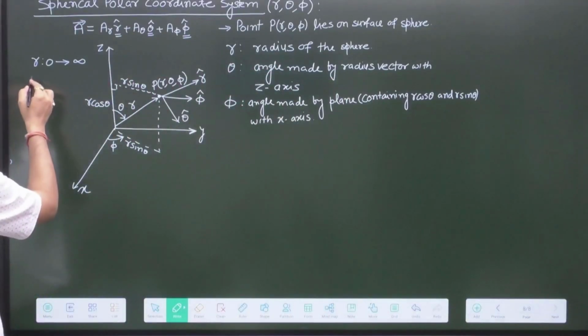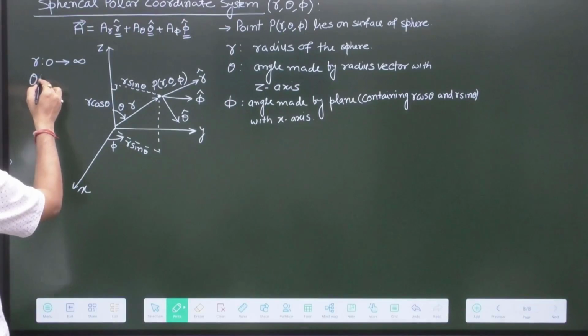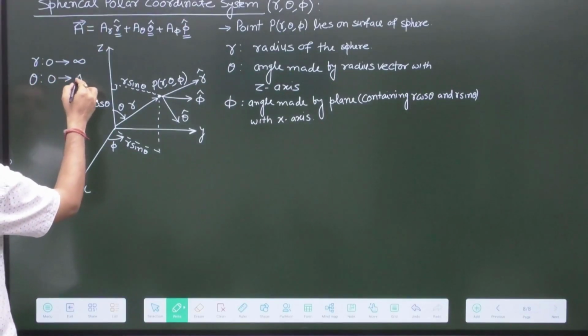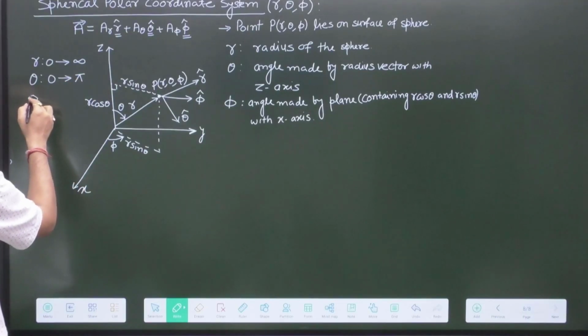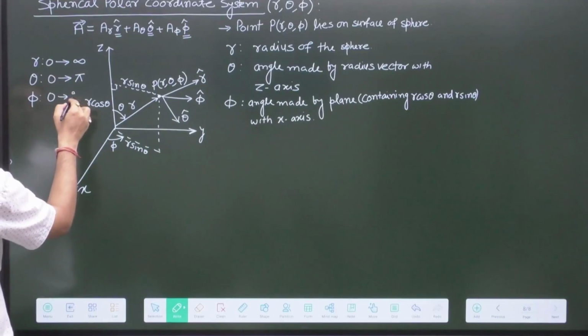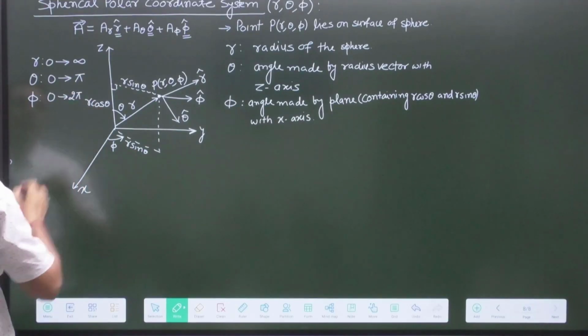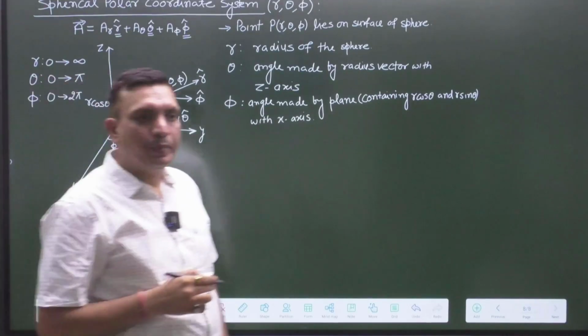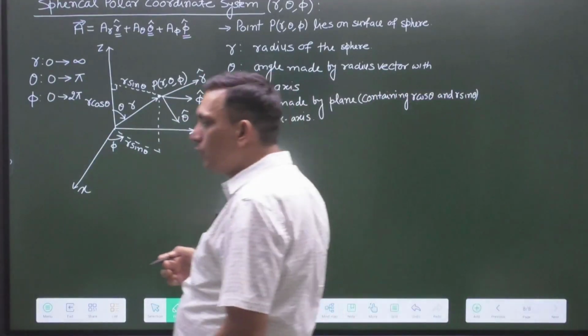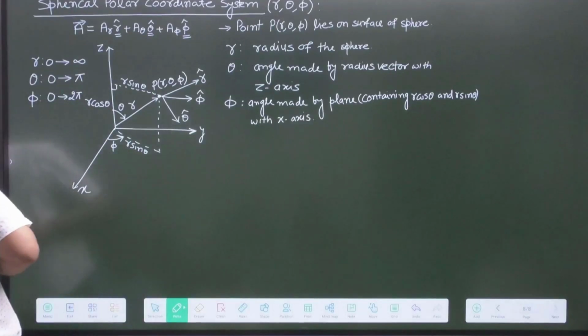What about theta? Theta varies from 0 to pi. What about phi? 0 to 2 pi. Phi 0 to 2 pi. But theta 0 to pi. Why theta 0 to pi, not 0 to 2 pi?